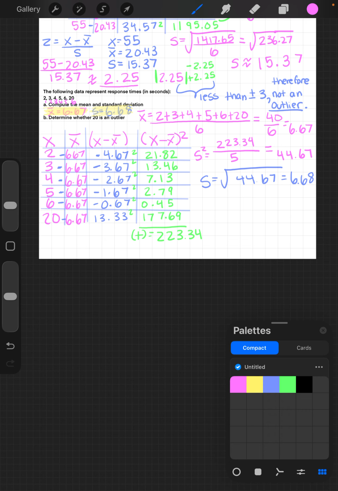And then we're going to determine if 20 is an outlier using the z-score.